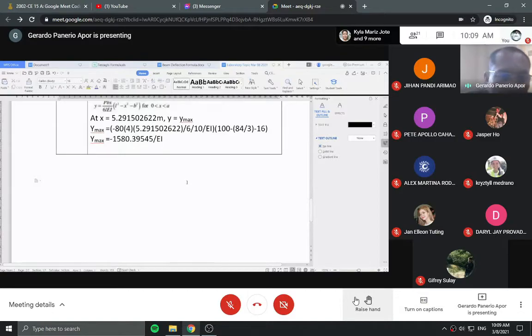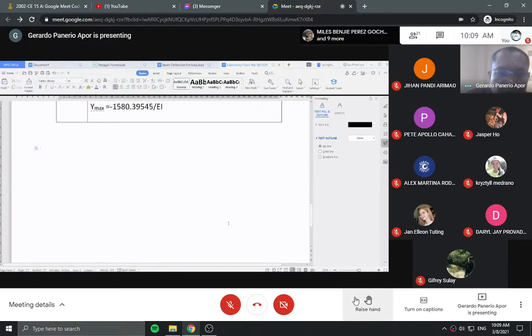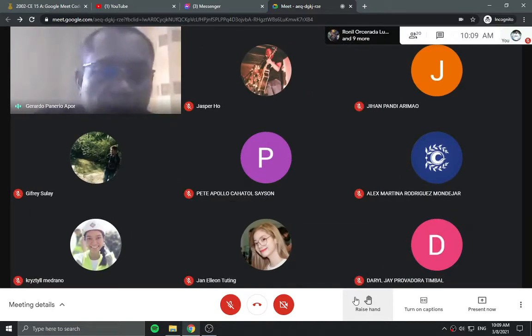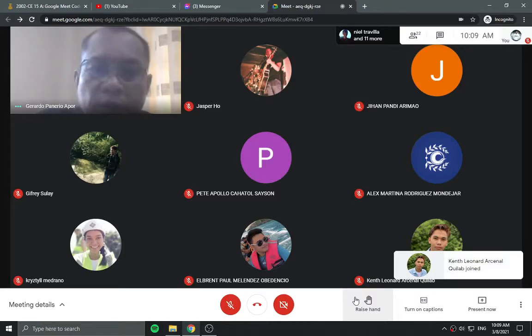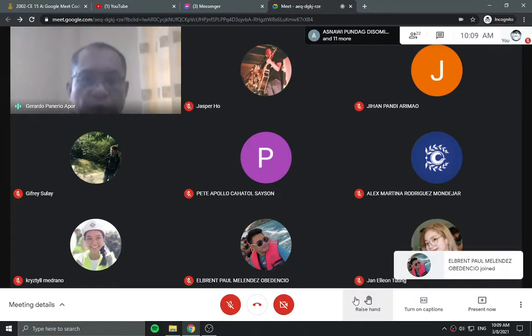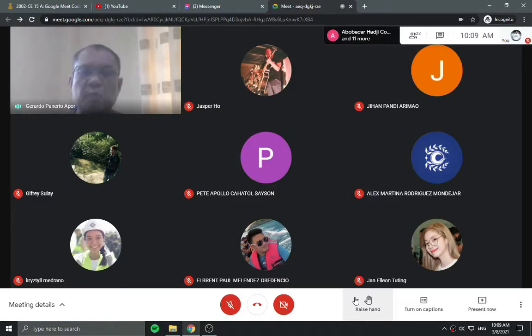For example, you have multiple loads, like a concentrated load and a uniformly distributed load, and you see it's not found in the table.